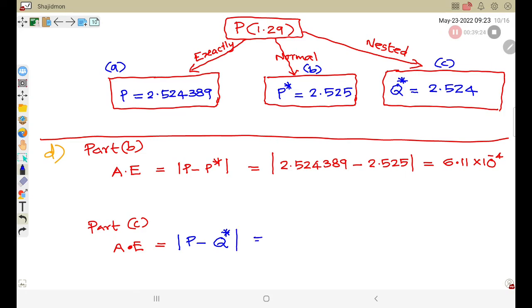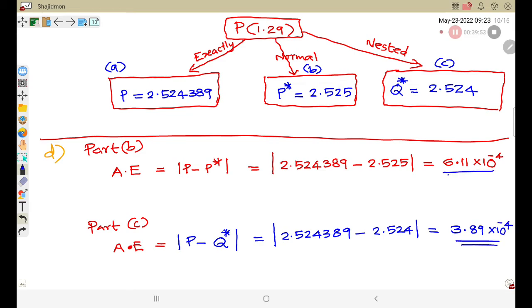P minus Q star equals absolute 2.524389, that is the P number, minus Q star, the approximate value in part C, 2.524. So we will get the answer 3.89 multiply 10 power minus 4, correct?